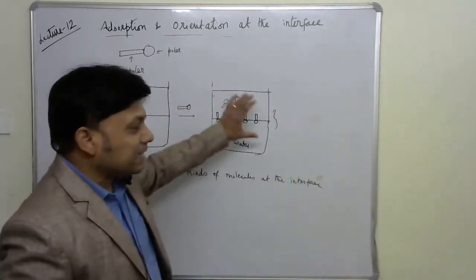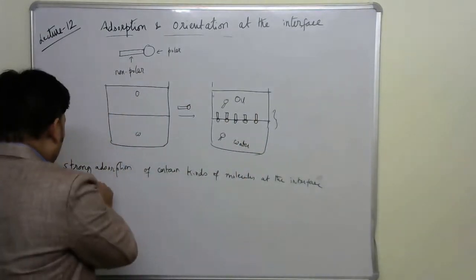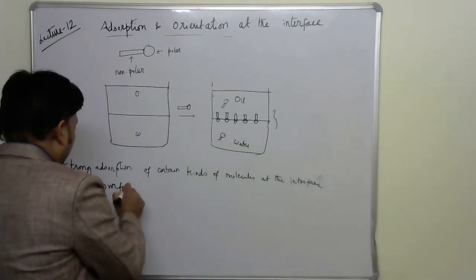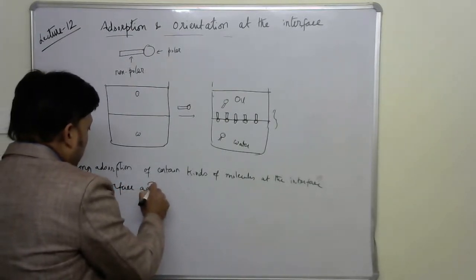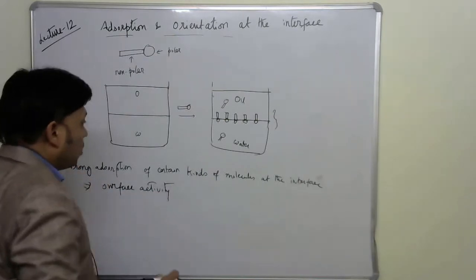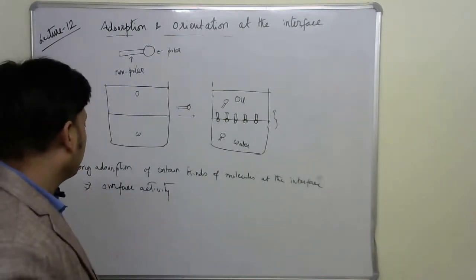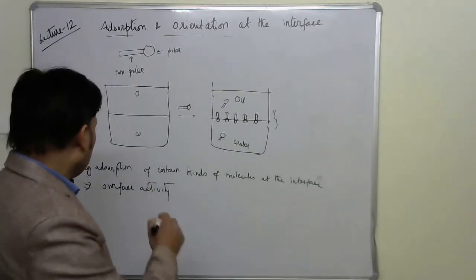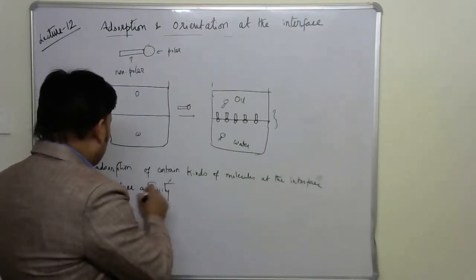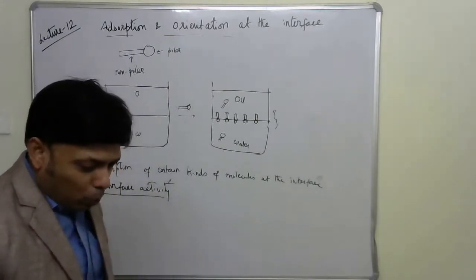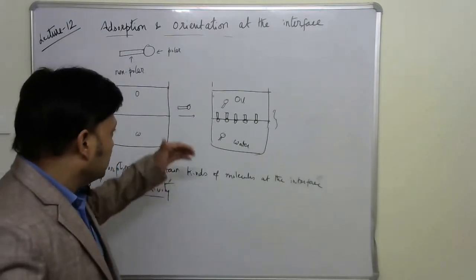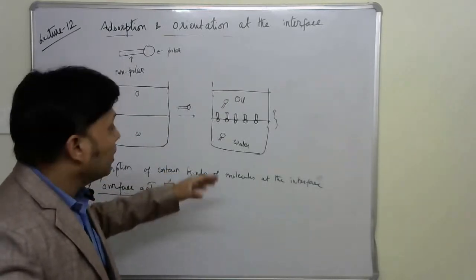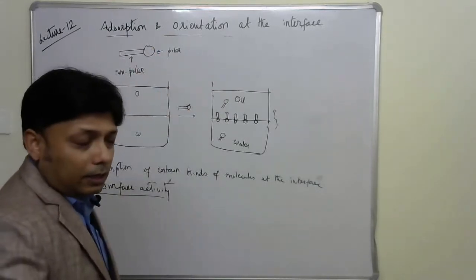So whenever we find a situation like that, we call this phenomenon surface activity, because definitely certain action or activity is going on at the surface or interface. We can call it interface activity also. But anyway, sometimes we prefer surface activity because we mostly study these systems in water, so the other phase is the air.